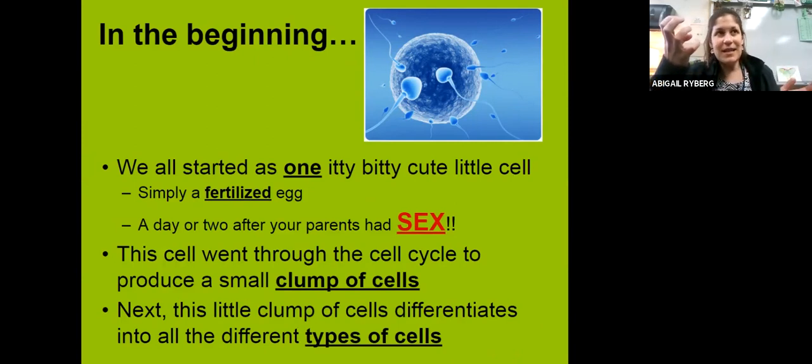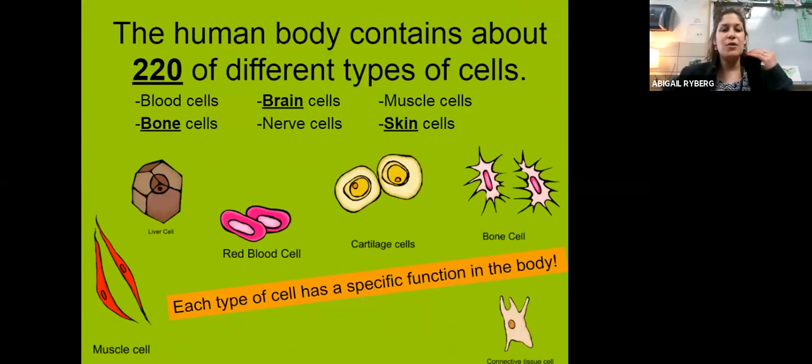Eventually, after about 10 days or so, that clump of cells begins to do what we call differentiate into different types of cells. So it doesn't take that long for us to start having specialized cells, even though we were just a clump of cells. The human body contains about 220 different types of cells.